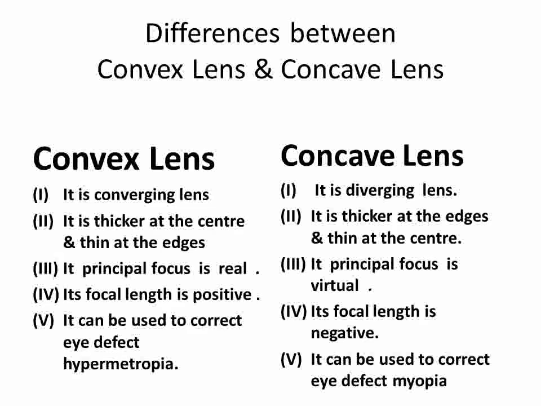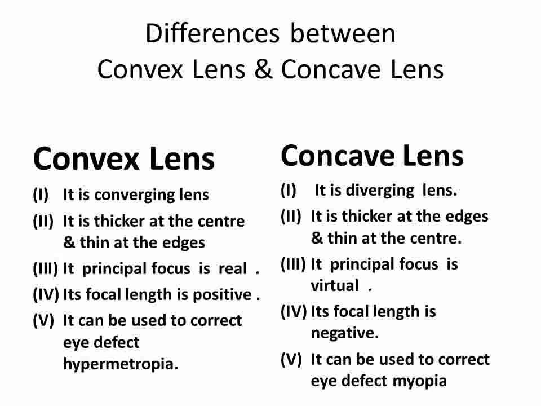Fourth point, for convex lens its focal length is positive, and fourth point in concave lens, focal length is negative. Say focal length of convex lens is 10 centimeter, then for convex lens in a numerical we use f equal to 10 centimeter with positive sign, whereas in a concave lens it is minus 10 centimeter.